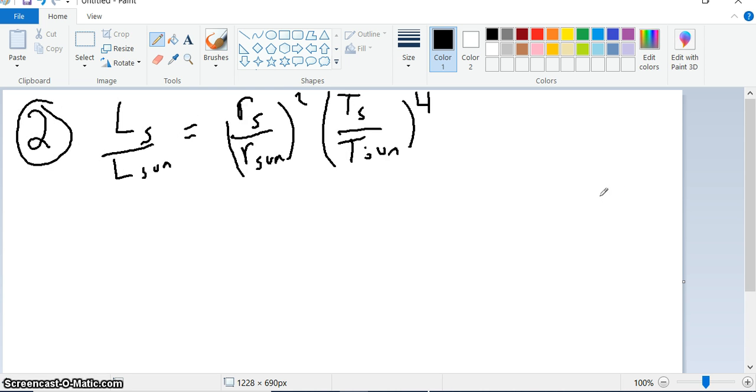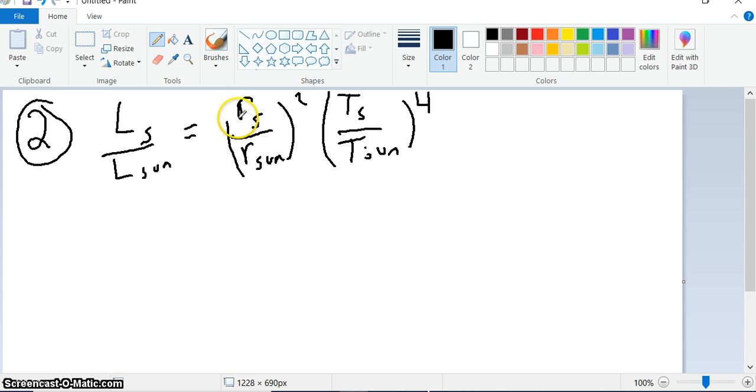All right, so here's problem 2. This is the general equation that we're going to use. So we're going to compare these two luminosities, right? These are actually protostars, but we can still use this equation. So it's the luminosity of the star divided by the luminosity of the sun. And so we'll compare these two quantities.